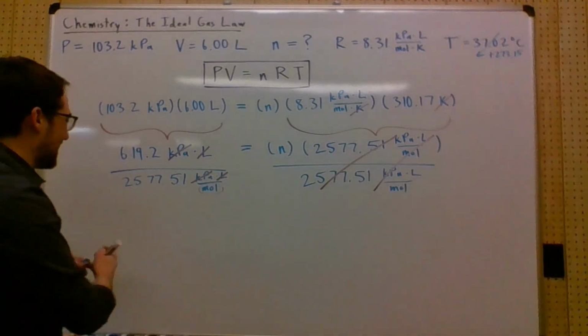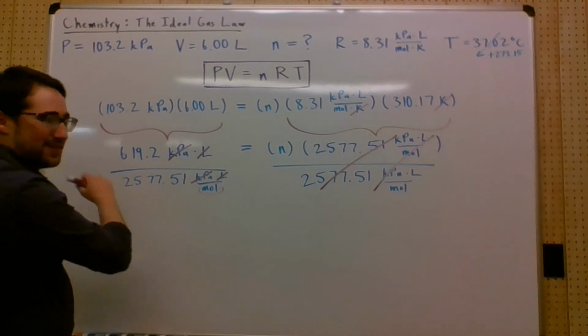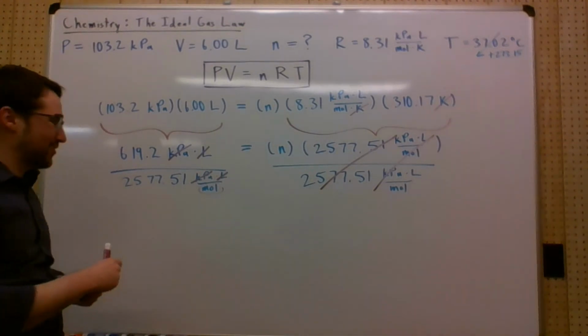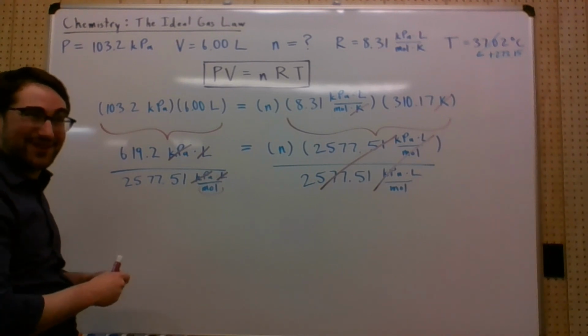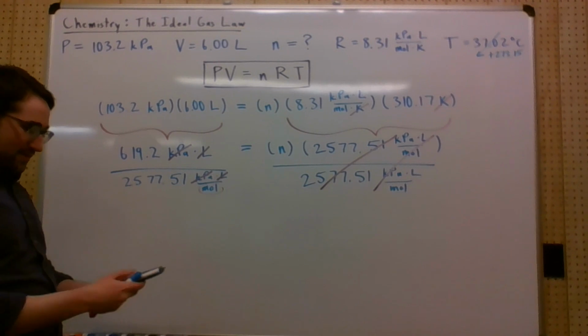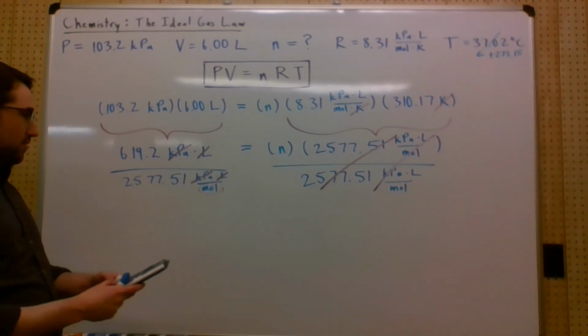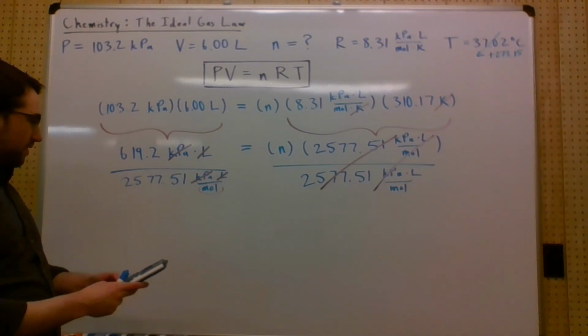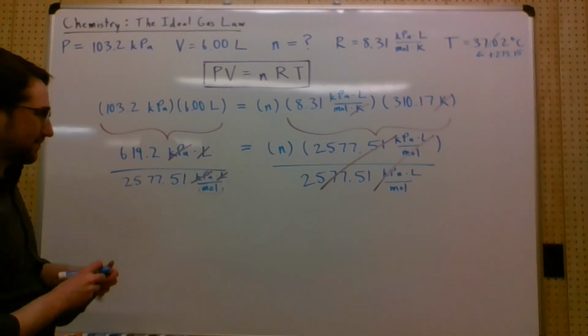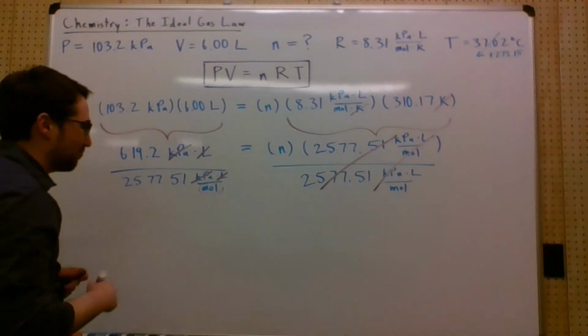All I have to do is take this number, 619.2, divided by this 2,577.51. Do that on my calculator. All right. We get a pretty small number, which we expect.